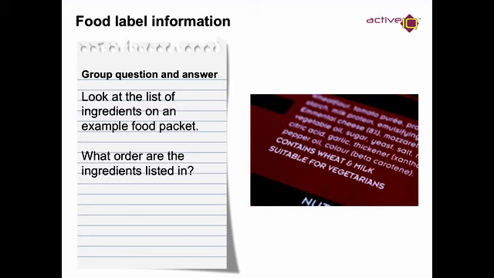The ingredient that weighs the most is listed first, and the ingredient that weighs the least is listed last. So with tomato soup, the ingredients could be tomatoes, water, maybe salt, and maybe some kind of herb like oregano. It depends what the soup is, but that's what I'm expecting.